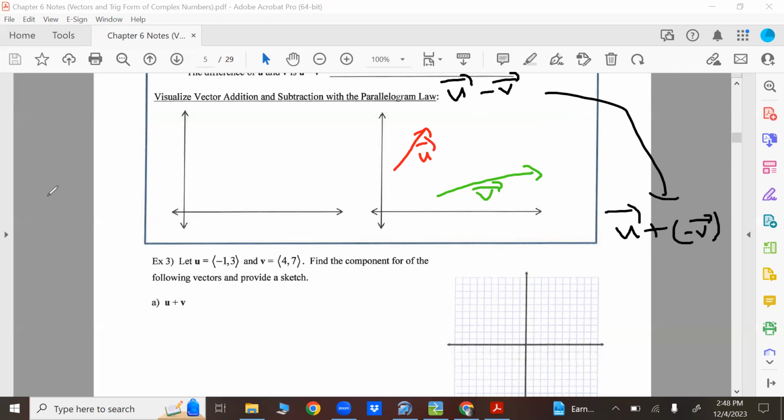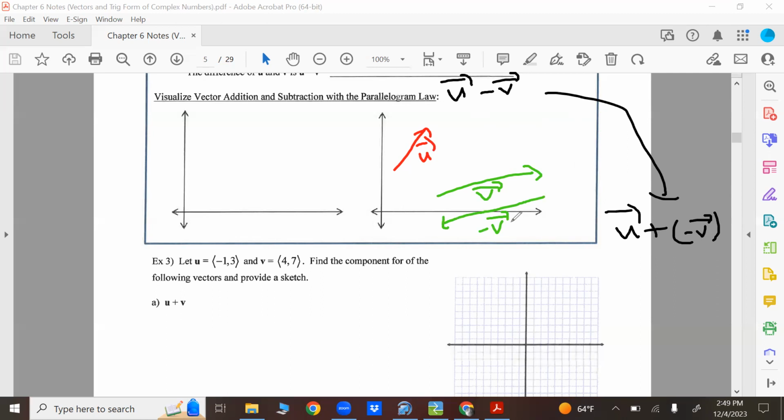It's going to be reversed, clearly. I just took vector V and rotated it 180 degrees, right? So going that way, it's going that way.